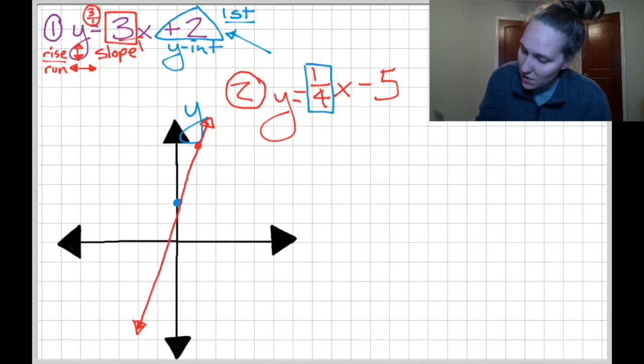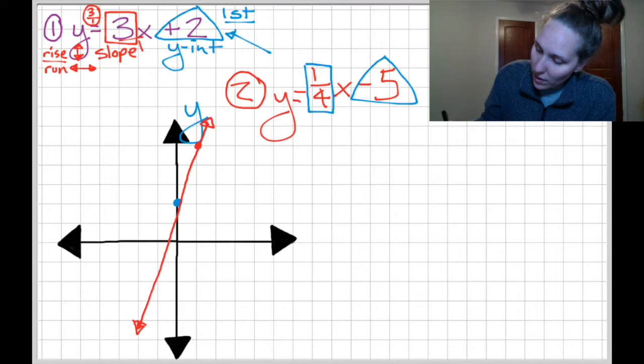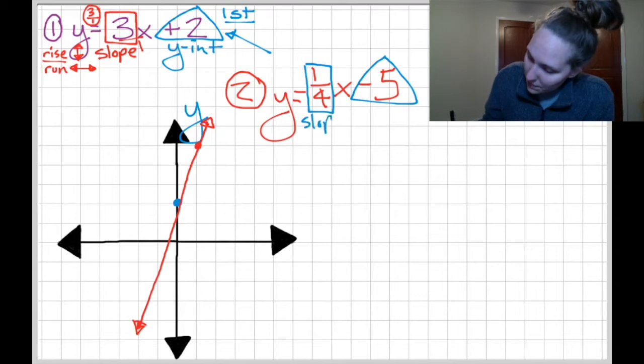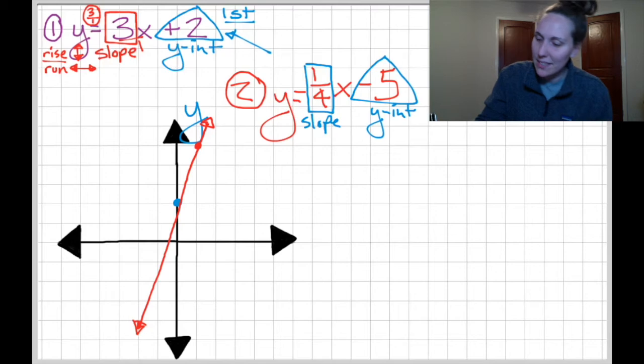So we are able to just very easily pull out our slope and our y-intercept, as we've already done in the previous lesson. So here's our slope. Here's our y-intercept. Remember which one we do first? It's our y-intercept. Okay, so we're going to graph this one first.